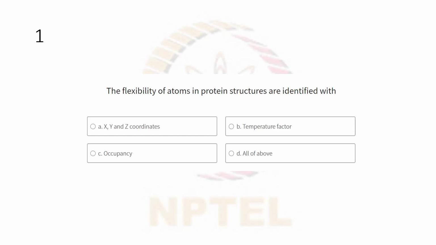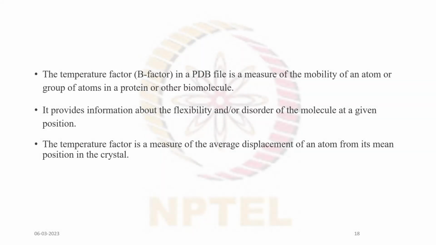These are the components present in a PDB file, of which the first are XYZ Cartesian coordinates, and then the temperature factor, also called the B factor. The correct answer is temperature factor because this is a measure of mobility of an atom or a group of atoms in a protein or other biomolecules. It also provides information about the flexibility or disorder of the molecule at a given position.